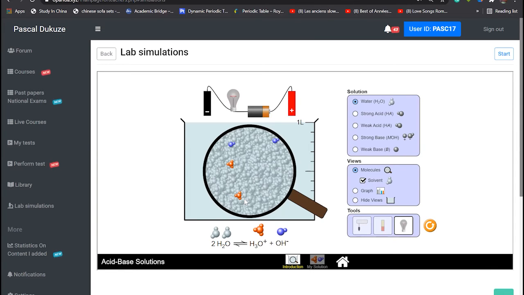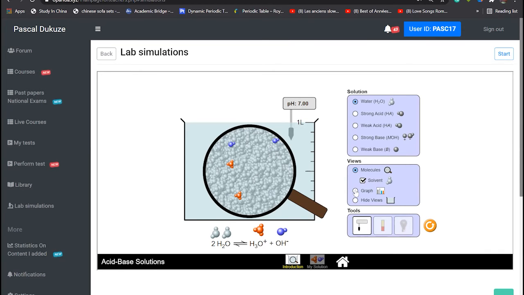But you can see we have equal species, and with the equal species, what do we get? What will be the pH? We click here on the tools and we check for the pH. The pH of pure water is 7, because the concentration of the base and the concentration of the acid in the solution are the same.